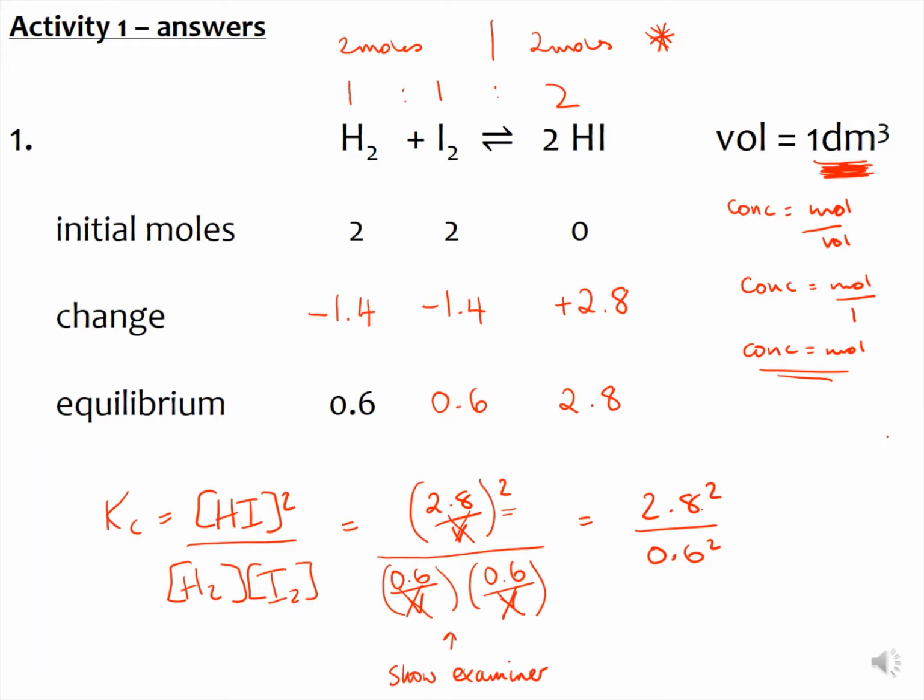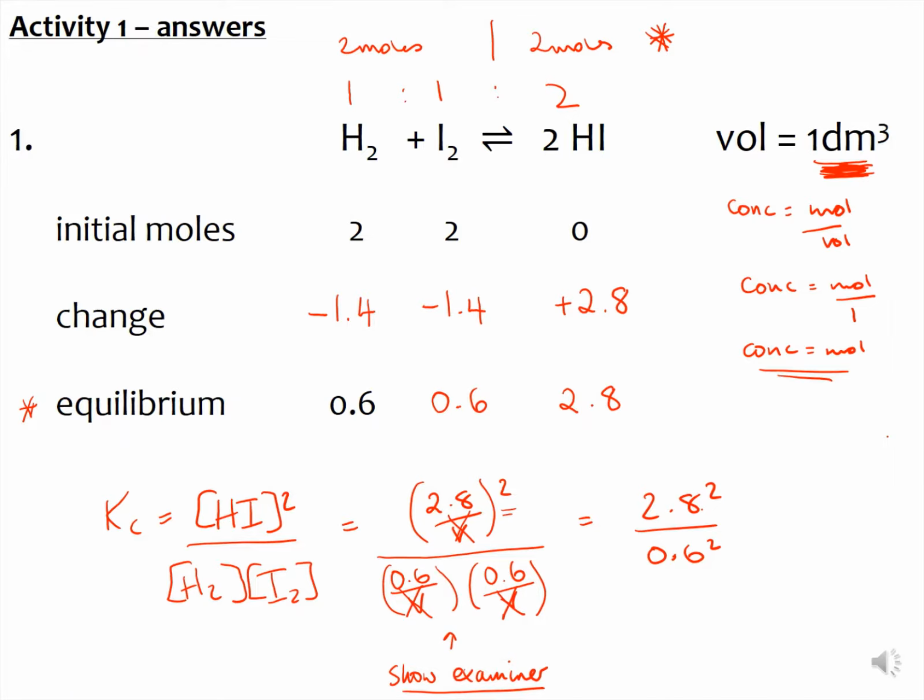Don't go straight into using the moles from the table in your expression, because Kc is concentration and the ice table is almost always moles, and the examiners need to see that you are clear that you've got to turn your moles into a concentration before you can use them in Kc. So it seems like you're stating the obvious when you divide by V and then cancel them out, but it's to show that you understand the chemistry.